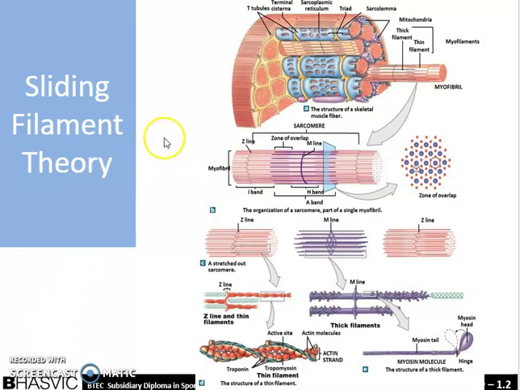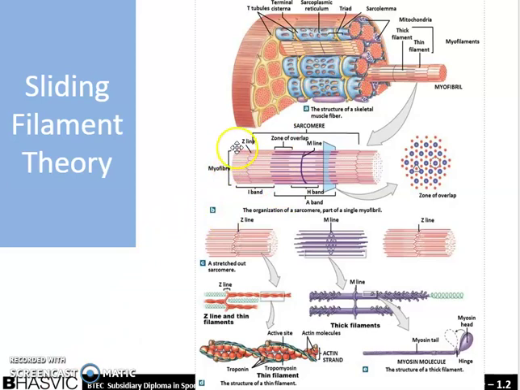The specialized smooth endoplasmic reticulum has an expanded end that is next to the T-tubule, known as the terminal cisternae, with high concentrations of calcium ions. This is stimulated to release the calcium ions for muscle contraction to occur in the fibers.